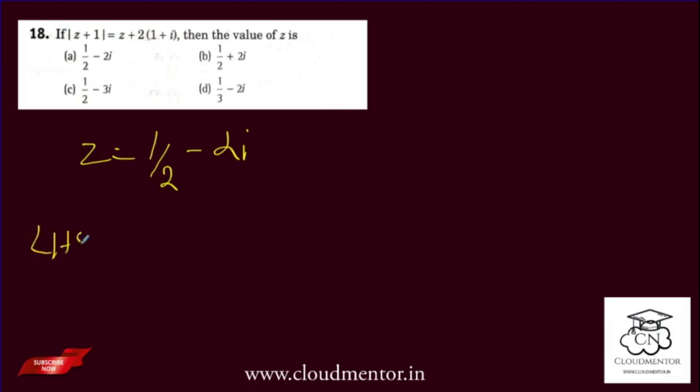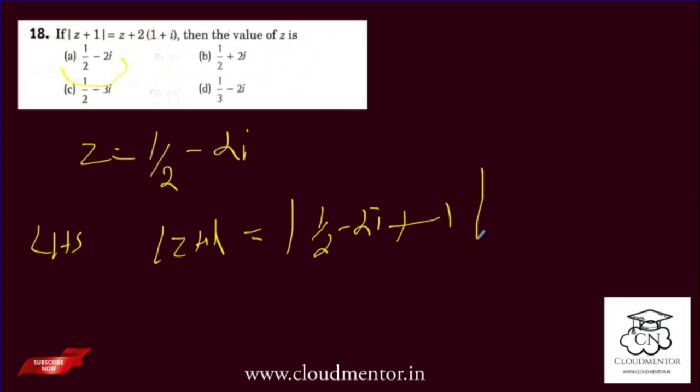LHS is modulus of z plus 1, and I am writing that as 1 by 2 minus 2i, plus 1. Now we get 1 plus 1 by 2, that is 3 by 2, so modulus of 3 by 2 minus 2i.